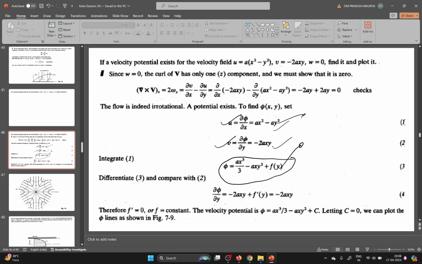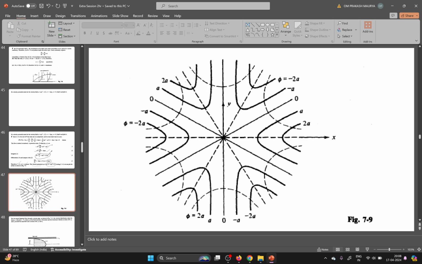When you differentiate equation 2 and compare, you will get an expression like that. Your del u by del y is minus 2xy. When you compare, f dash or f is constant, so the velocity potential will become this, with a constant. If c is 0, you can plot your phi lines in this figure.